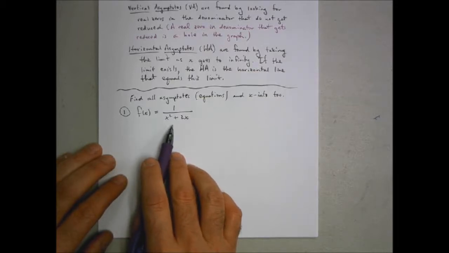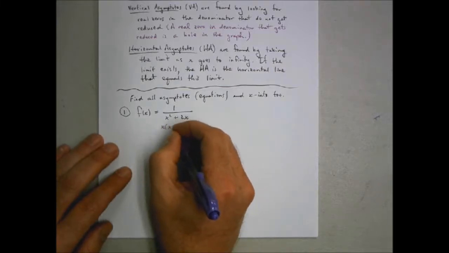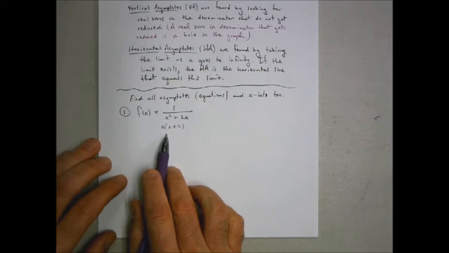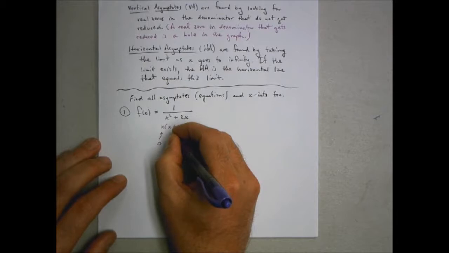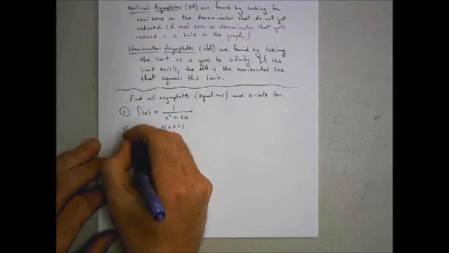Factored form for the denominator is a good thing. So x times x plus 2, we can see that nothing reduces, and we have zeros of 0 and -2. So, vertical asymptotes, VA for short.